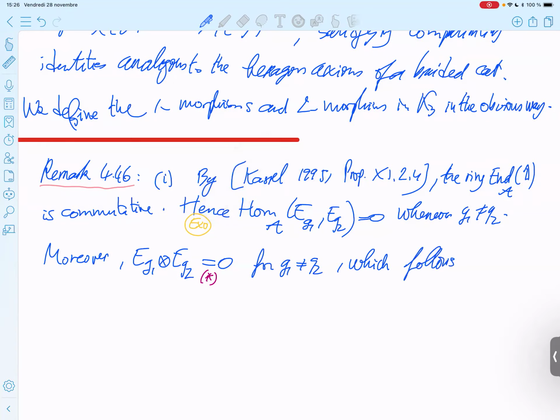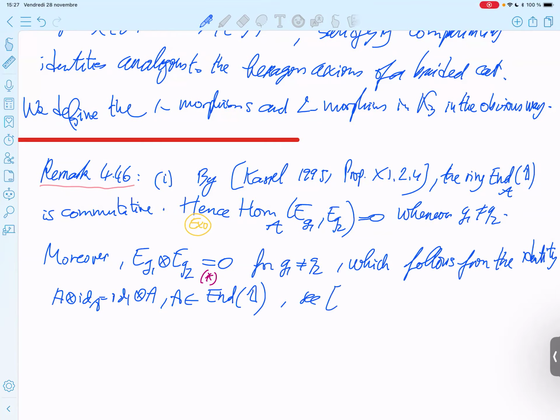The idea is that it follows from the identity A tensor identity of 1 equal identity of 1 tensor A, with A in the endomorphism ring. But it does not matter so much. In fact, this is a kind of classical result. We don't need to care about that.